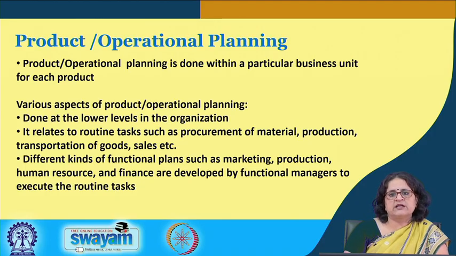One, it is done at lower levels of the organization, and it relates to routine tasks. It relates to things like raw material procurement, production and operations, transportation of the goods, the sale of the goods. All of this pertains typically to the business unit for a particular product, and different kinds of functional plans such as marketing, production, HR, and finance are taken care of by functional managers to execute the routine tasks.